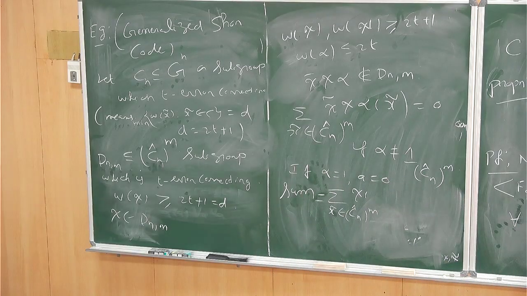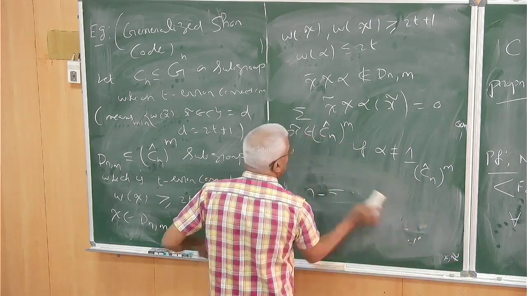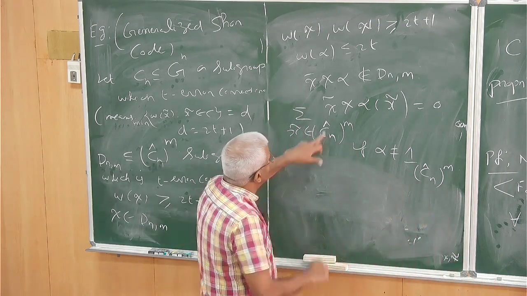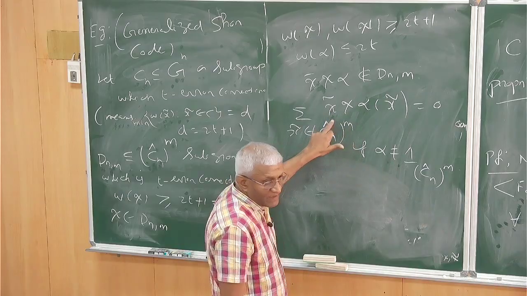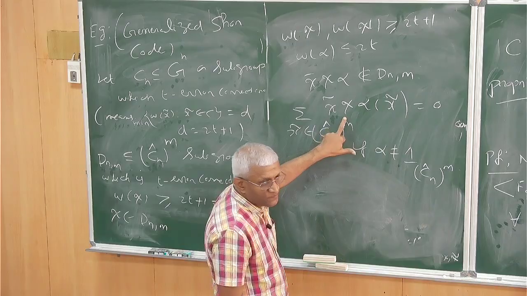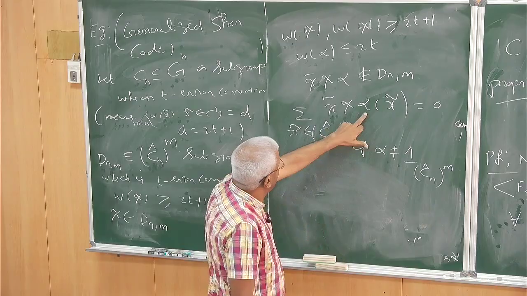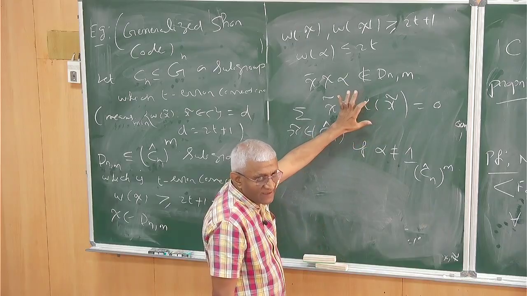No, wait. This does not just depend on that. This is alpha is not equal to 1, but at the same time chi is not equal to chi prime. I mean, where alpha is not clear. Alpha may kill the whole thing.